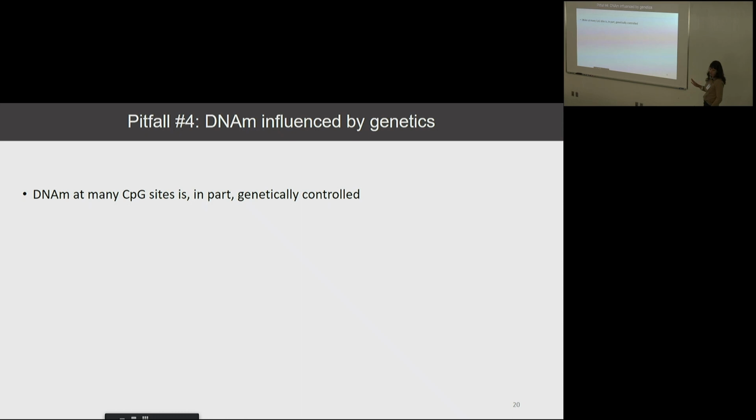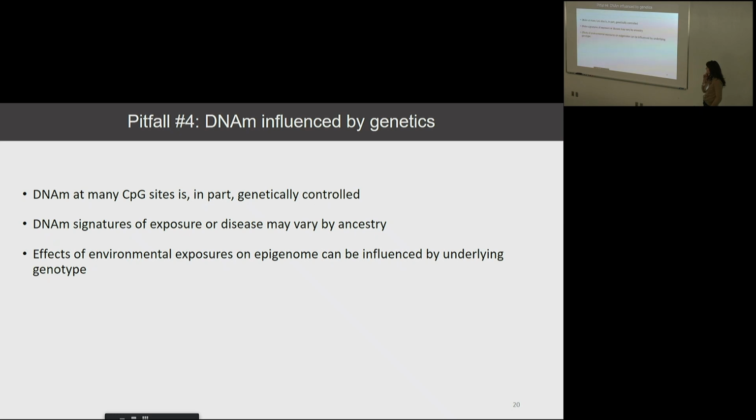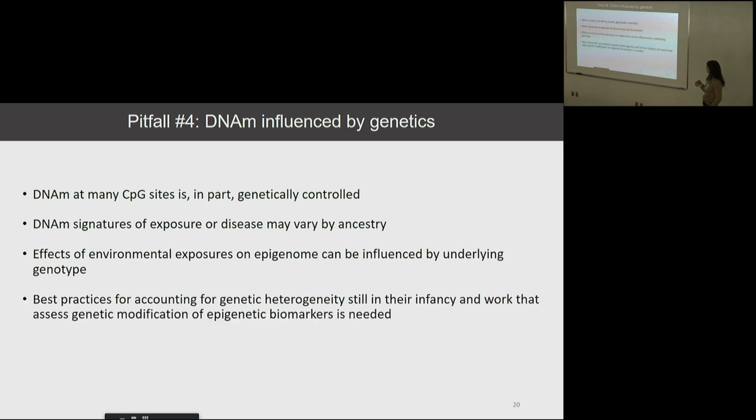And the fourth, as I mentioned, is that it is influenced by genetics. So there are SNPs, called methylation quantitative trait loci, that are actually influencing methylation levels. And because of this, a lot of these DNA methylation signatures we see may vary by ancestry. And so the effects of environmental exposures can be influenced by underlying genotype.